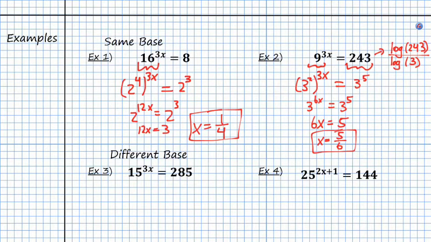All right, so I've got this weird looking thing, right? I have base 15 here. So the 285 is very unlikely to be in base 15. So I'm going to go ahead and go straight to the different bases route. So what we're going to say is we want to go ahead and take the log base 10 of both sides.